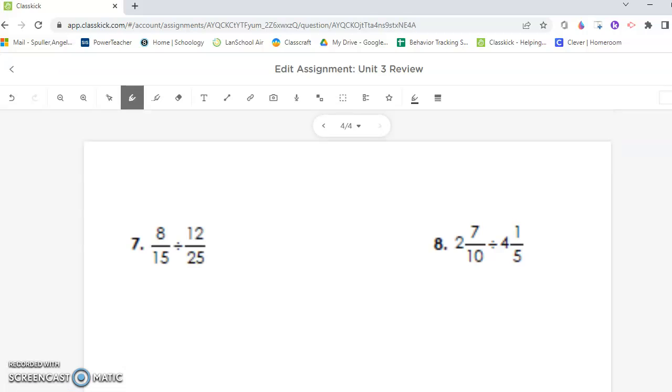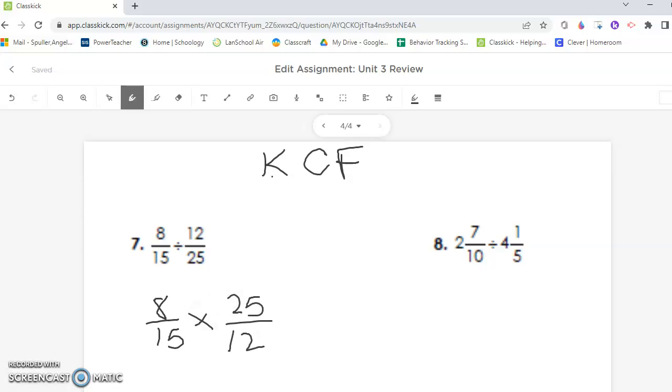Good job. Last slide. All right, now remember, big thing to remember, KCF. Keep, change, flip. We're going to keep this one, change this, and we're going to flip this. Now I'm going to simplify these by cross simplifying.